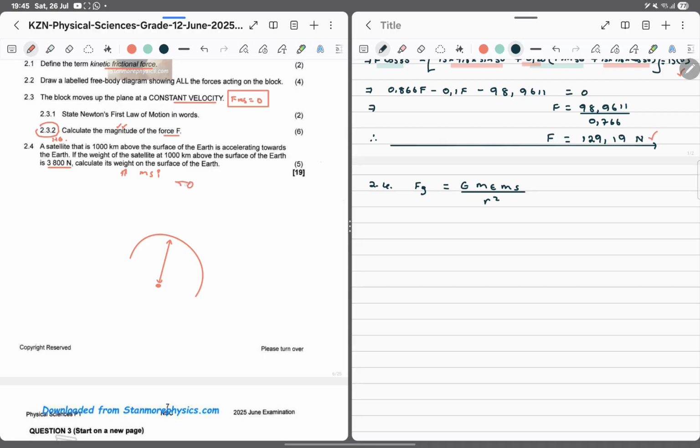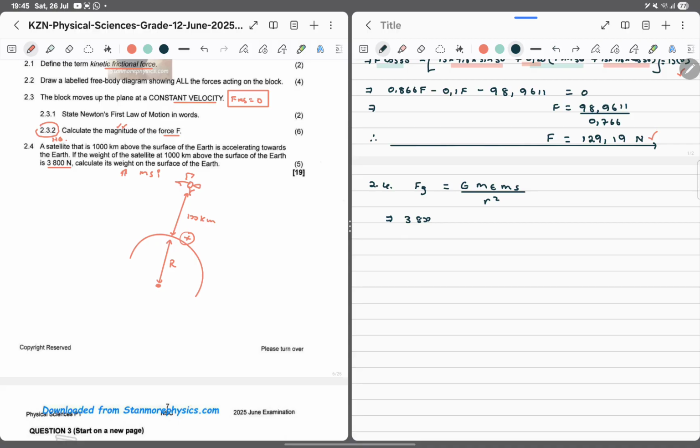Now we've got a satellite here. Right, this satellite is at 1,000 kilometers above the surface. So that means the distance between them is going to be the radius of the Earth plus that 1,000 kilometers. Easy.